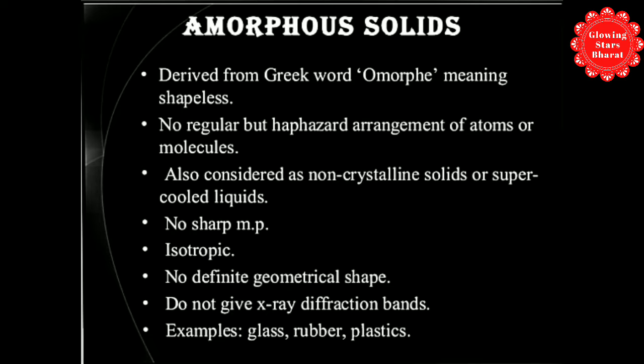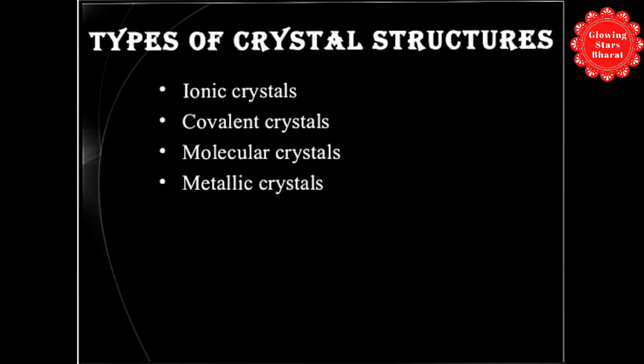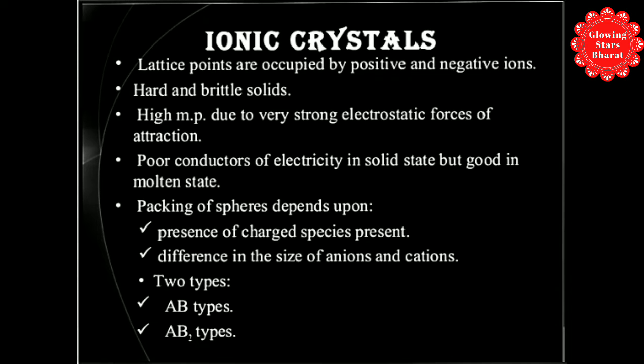Next is types of crystal structure. Dear students, mainly four types of crystal structure: first is ionic crystal, then covalent crystal, molecular crystals and metallic crystals. First, ionic crystal. In ionic crystals, lattice points are occupied by positive and negative ions.